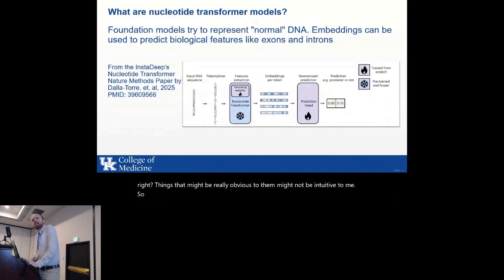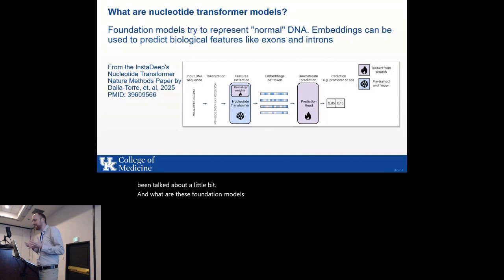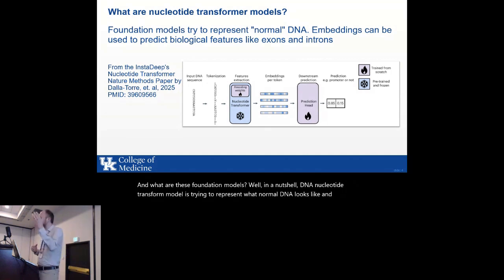So let's get into the background for our research. In some of the other sessions on the other days, these nucleotide transformer models have been talked about a little bit. What are these foundation models? In a nutshell, a DNA nucleotide transformer model is trying to represent what normal DNA looks like, so that we can create an embedding that can be used to predict some biological feature.